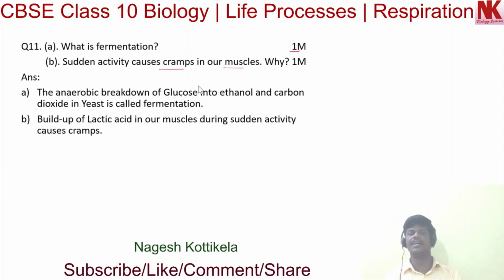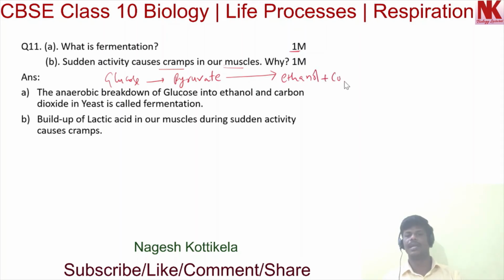Earlier we discussed that first of all, glucose is breaking down into pyruvate. This is in the cytoplasm, and this pyruvate is breaking down into ethanol and carbon dioxide, and a little amount of energy is released. Glucose to pyruvate occurs in the cytoplasm, and here also a small amount of energy is released.